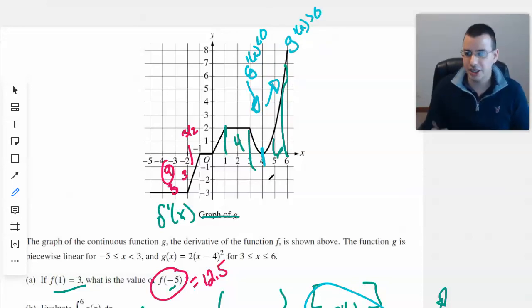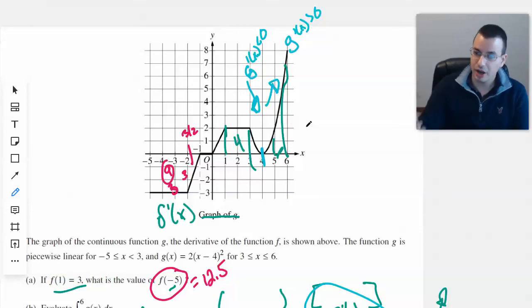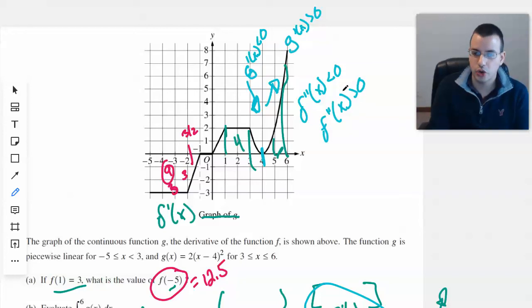And since you changed from negative to positive, in between there's going to be 0 at some point, and that's going to tell us that f prime prime of x over the same intervals is less than 0, then greater than 0.